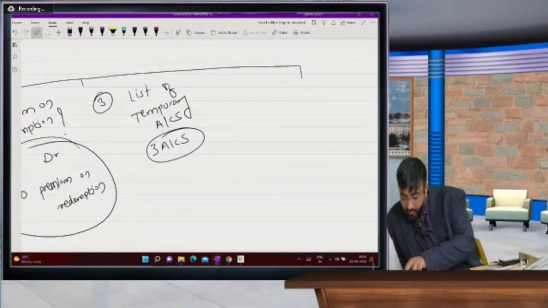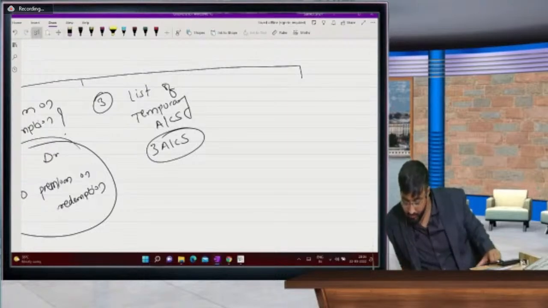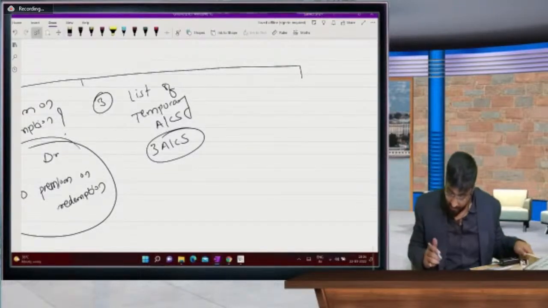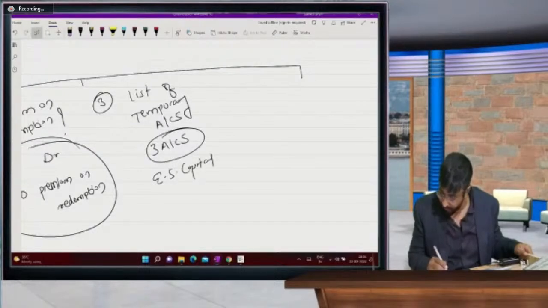This time who is the winner? Soumya Gupta. Soumya Gupta, equity share capital, sorry, equity share application.